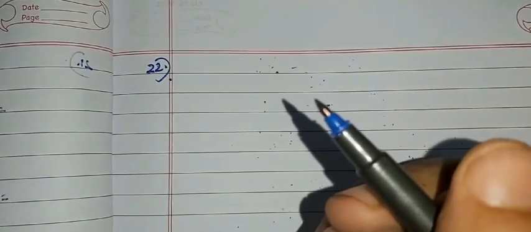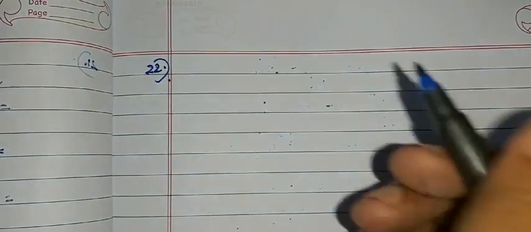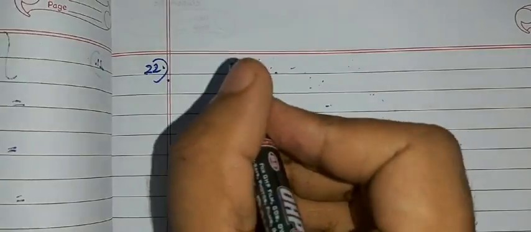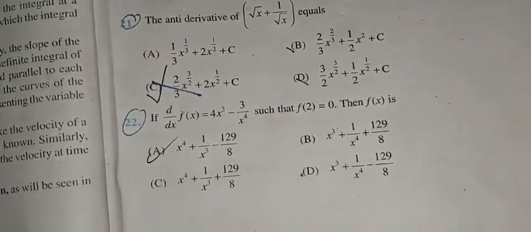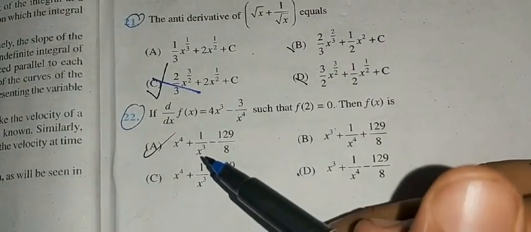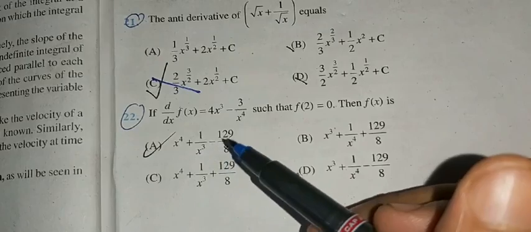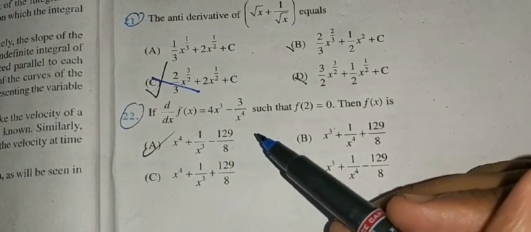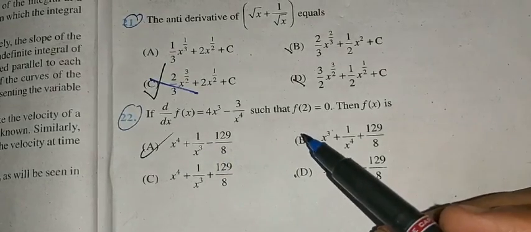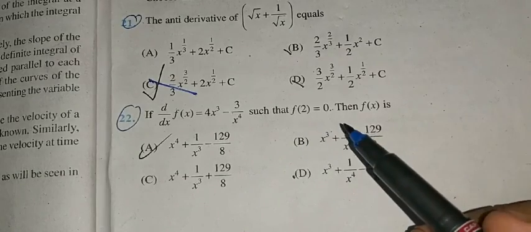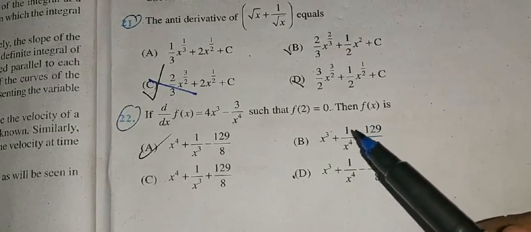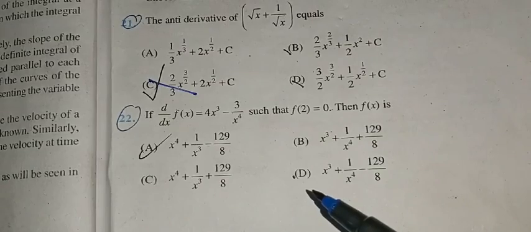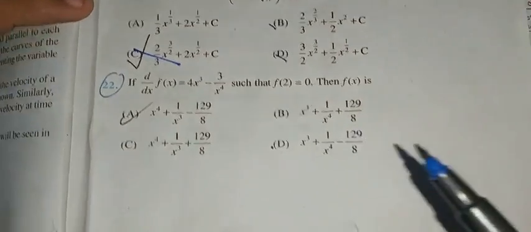exercise. In this question it is asked a little bit differently. The question is like this: d by dx of f of x is equal to 4x cube minus 3 by x raised to 4, such that f of 2 is equal to 0, then f of x is what? There are 4 options given, so let us write the important points from the question.